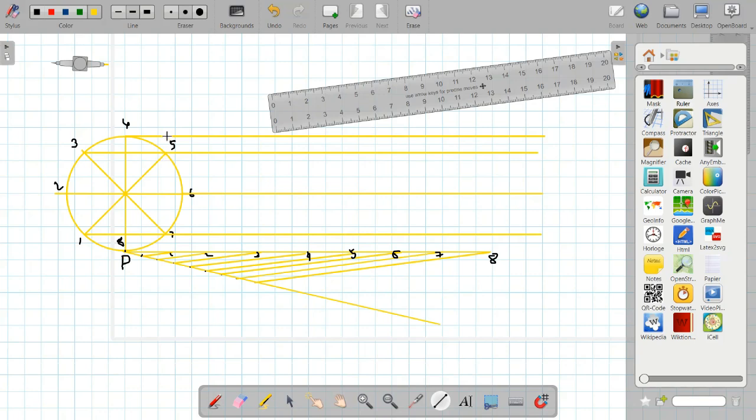Now, as we have drawn horizontal lines from all the points on the circle, we have to make vertical lines from all the points on this particular line. Starting with point number 8, again, it should be very light. So I will draw vertical lines from all the points. Wherever these projectors intersect, we will name those points C1, C2, C3, and so on.